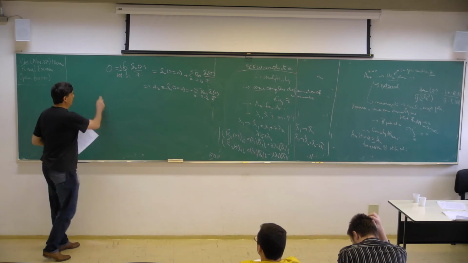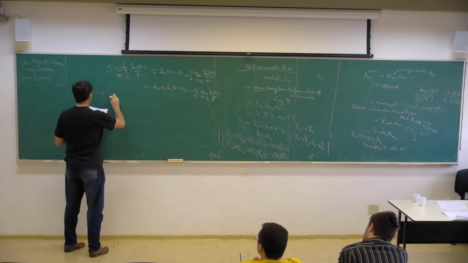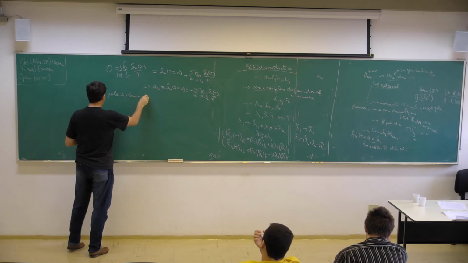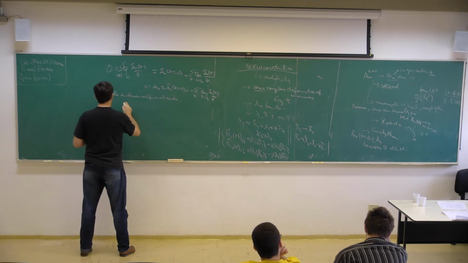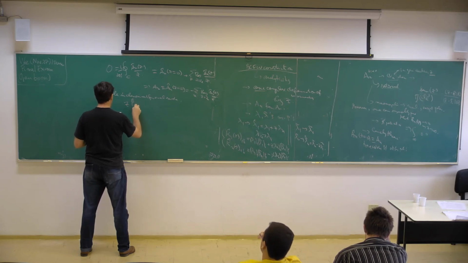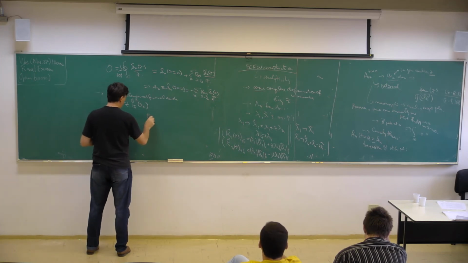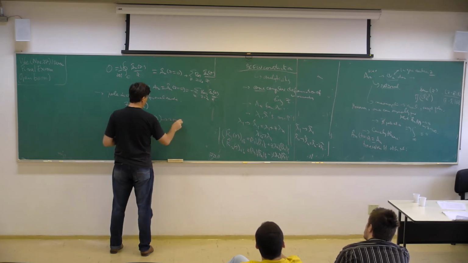Now, the pole in the propagator, the pole in the denominator for each residue, is for P_i squared of z_k. This P_i of z is the momentum on the propagator.